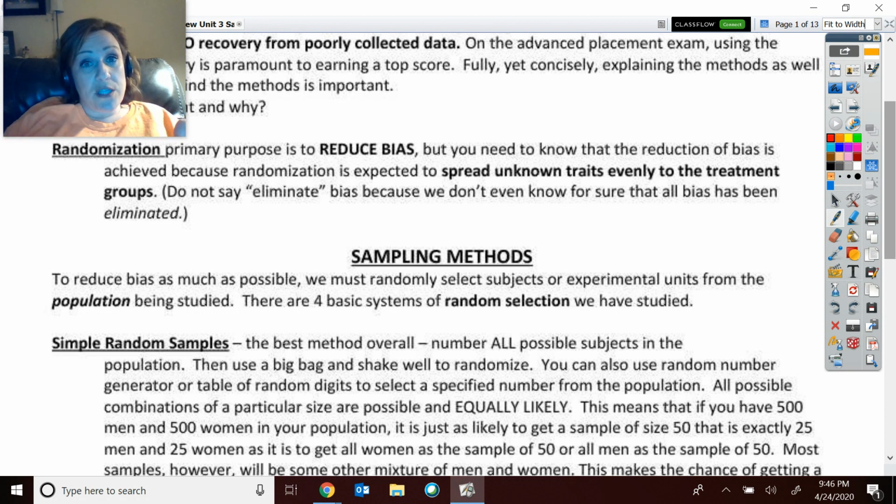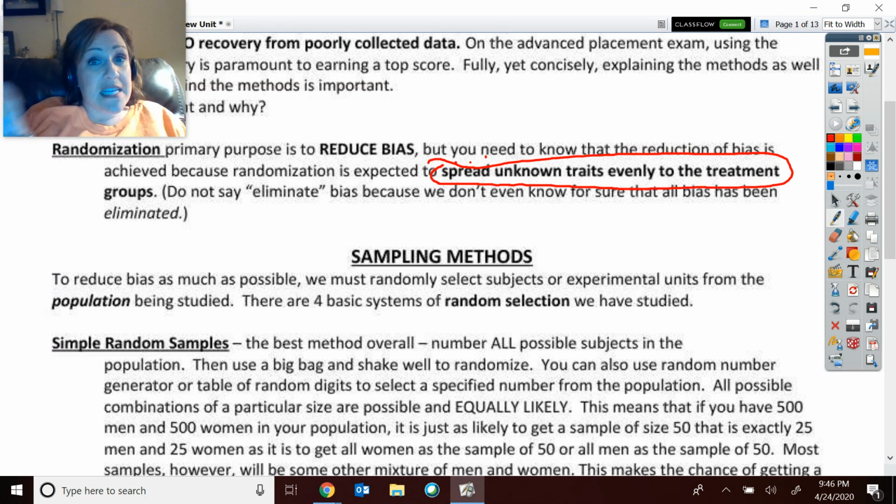If we were doing an experiment, what that randomization is doing is attempting to spread any and all traits, unknown, evenly to those treatment groups. We never can eliminate that bias, so don't say that ever. We're always reducing that bias.